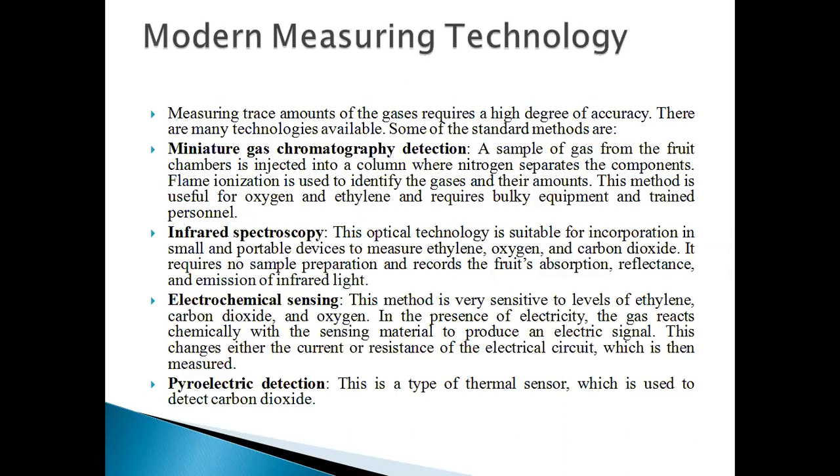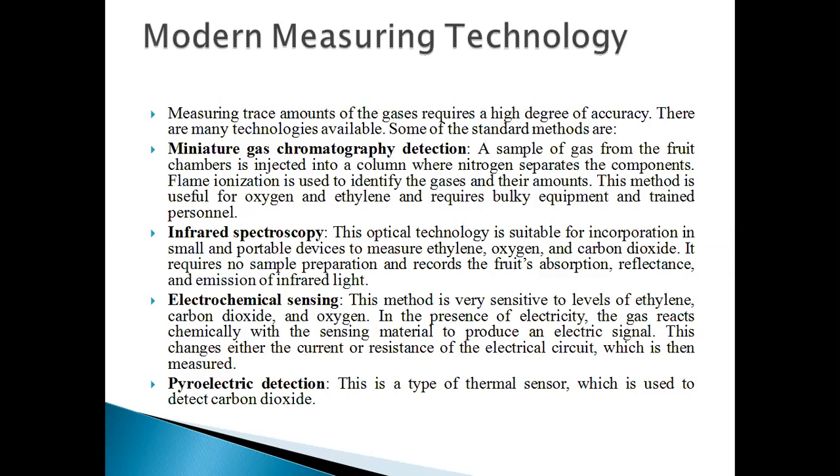Next measuring technology is electrochemical sensing. This method is very sensitive to levels of ethylene, carbon dioxide, and oxygen. In the presence of electricity, the gas reacts chemically with the sensing material to produce an electric signal. This changes either the current or resistance of the electrical circuit, which is then measured.